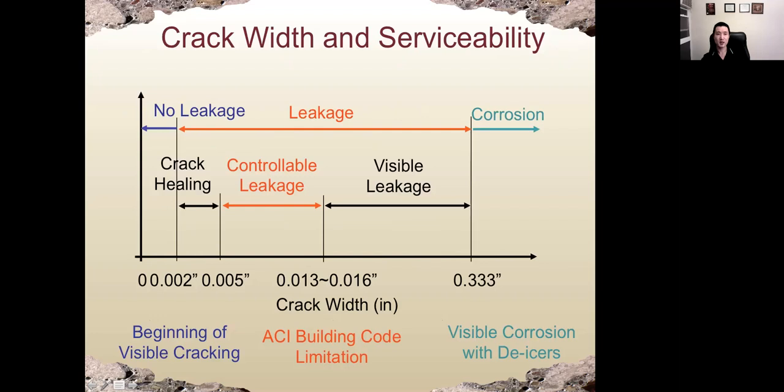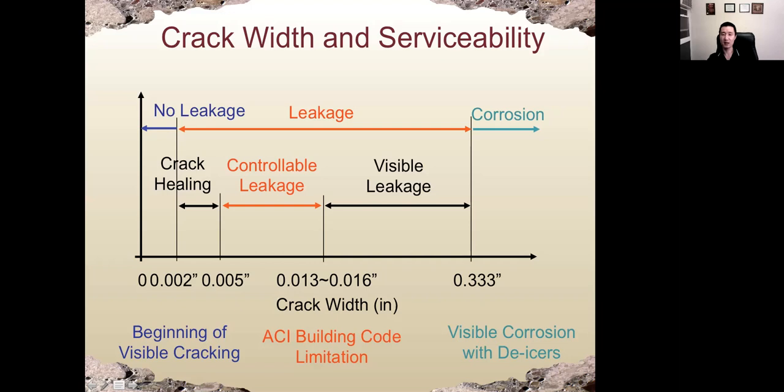This curve shows us how the size of the crack affects the serviceability of concrete. If the size of a crack is small enough, there's no leakage, and sometimes the crack can also heal itself. Between 0.005 inch and 0.013 inch, we call that controllable leakage.